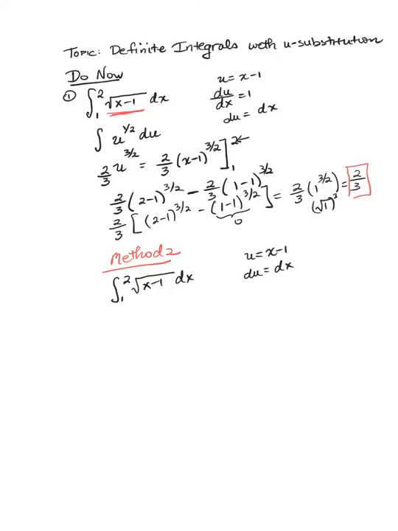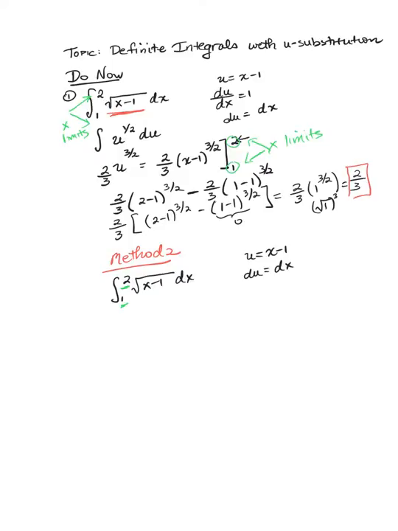But now what we're going to do is change these limits of integration, which are x limits of integration. So that's why we substituted the 1 and 2, because they're x limits. And we're going to change them into u limits of integration.